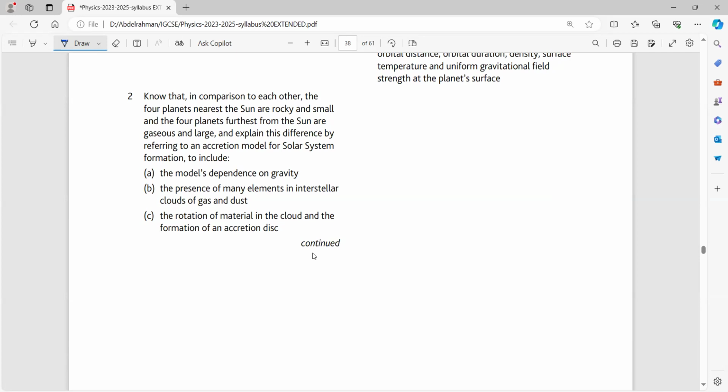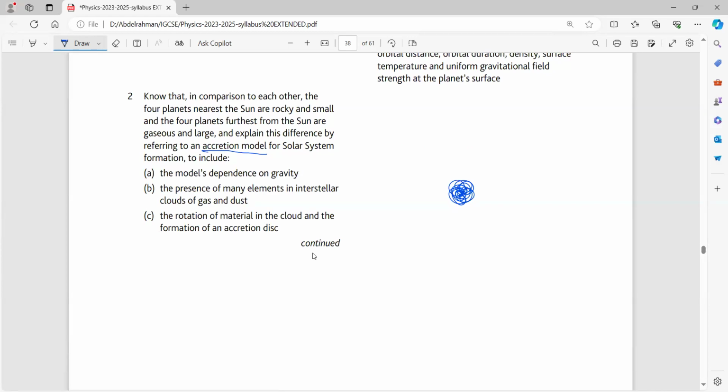We can use the accretion model for the solar system to know how these planets were formed. How were the planets formed? Again, very simply put, we had some stellar nebula, which was a formation of some gas and dust and clouds.